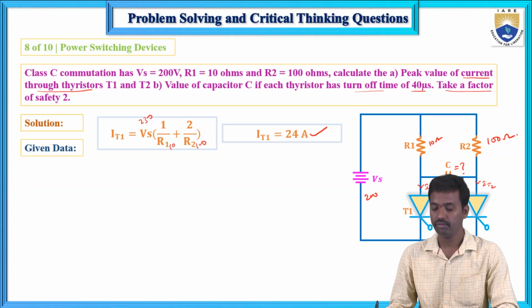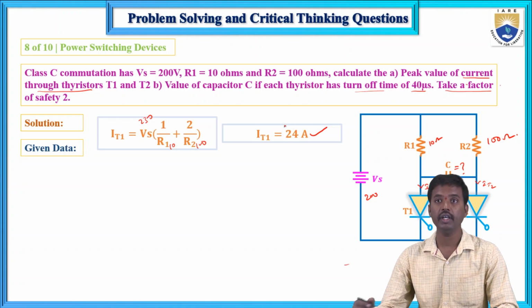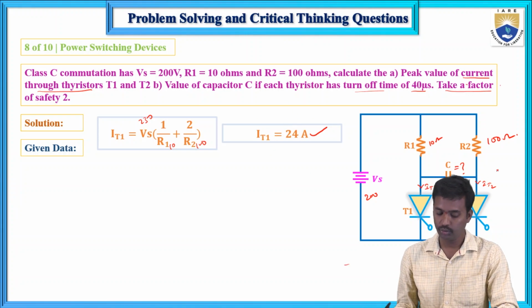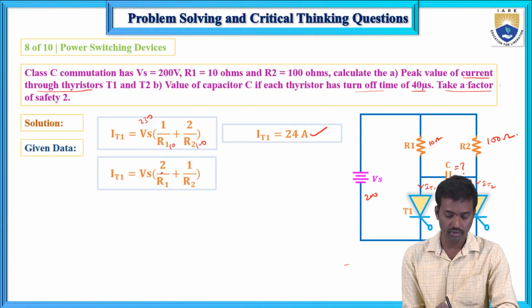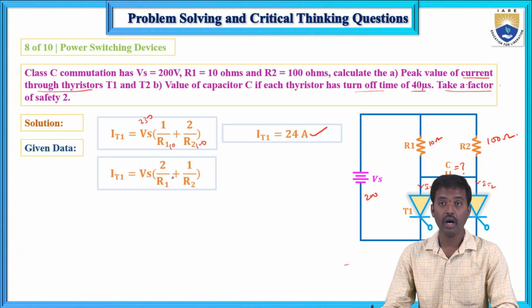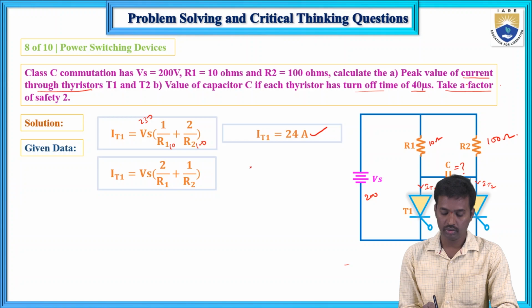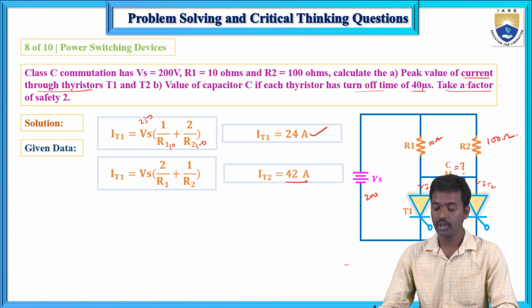And next, IT2 equals 2 by R1 plus R2. So IT2 equals 42 amperes.